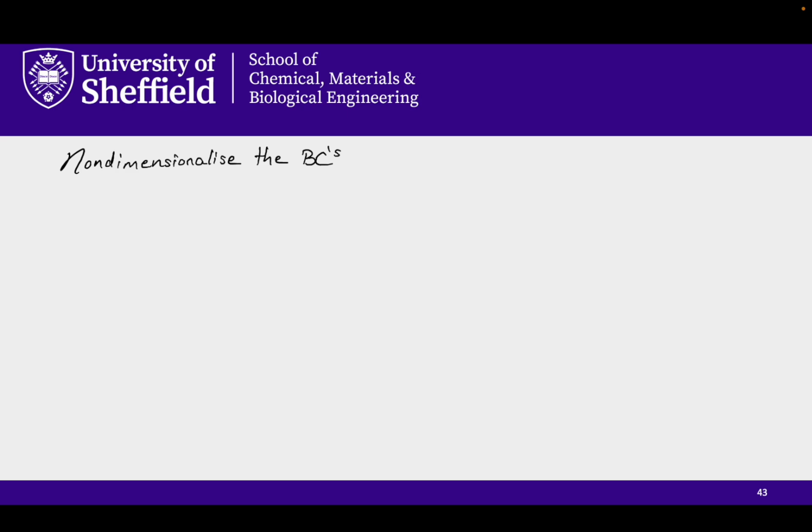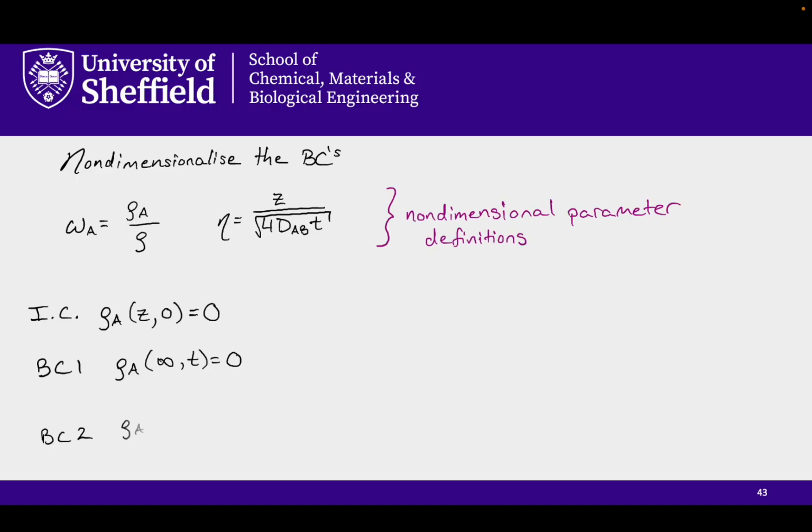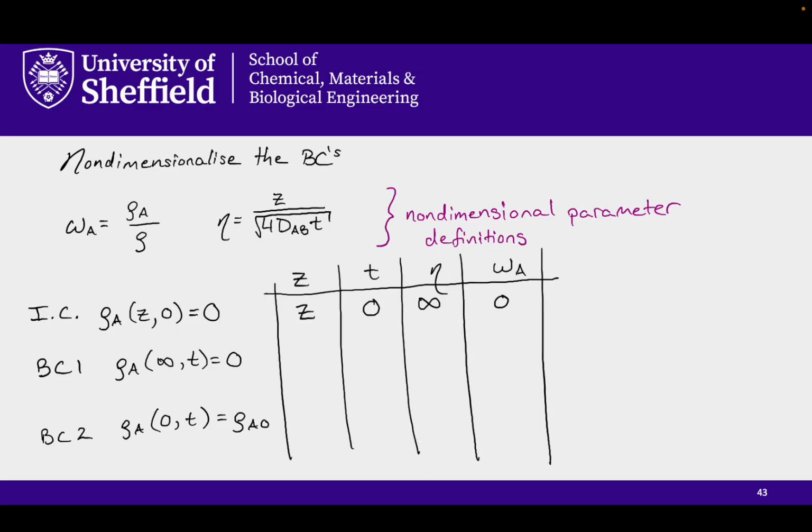Next, we need to non-dimensionalize the boundary conditions. And here are our non-dimensional variables we've decided on. We've already done that. And here are the boundary conditions that we wrote out in real space. So to get these into non-dimensional space, we can make ourselves a little matrix here. For the initial condition, we're looking at all values of z and t equal to 0. So if we plug that into our definition of eta, we see that eta has to equal infinity.